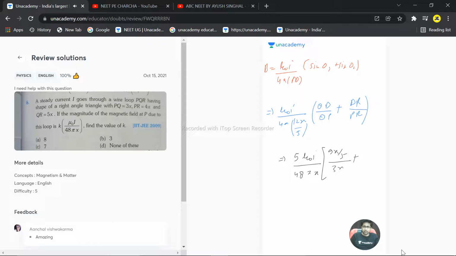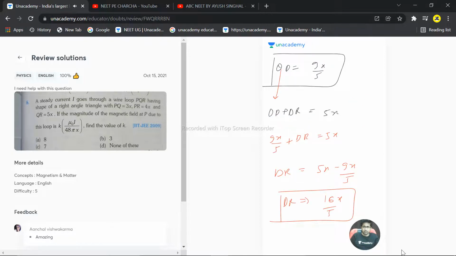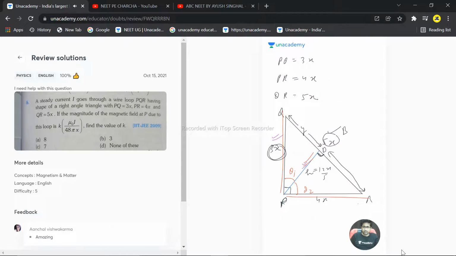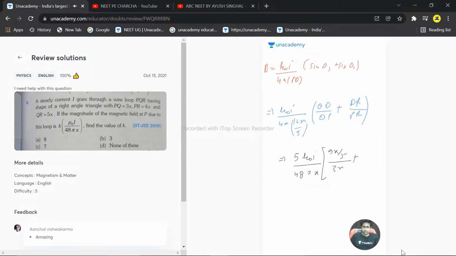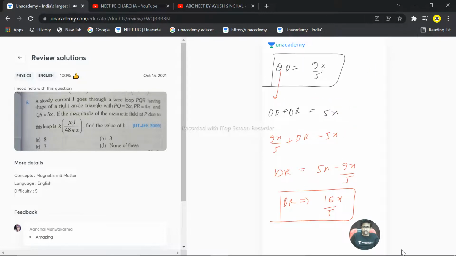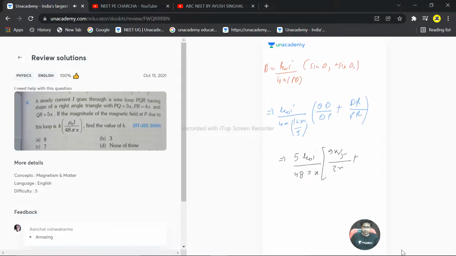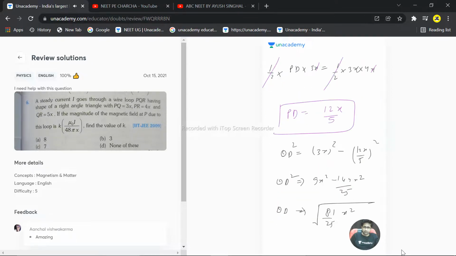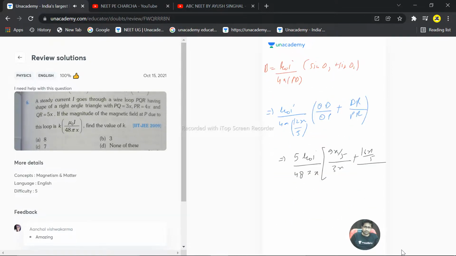Plus DR, which is 16x by 5, divided by 4x.